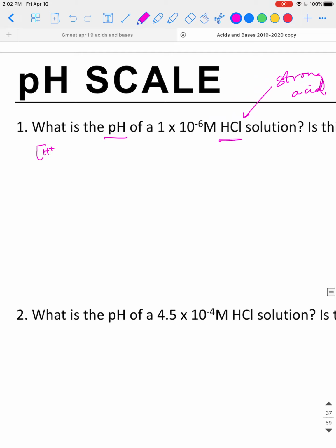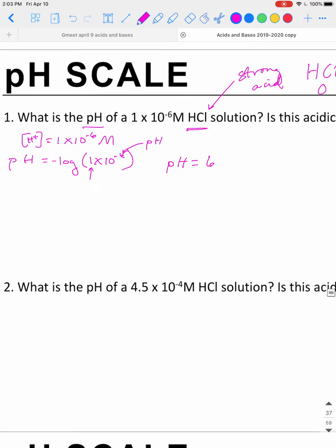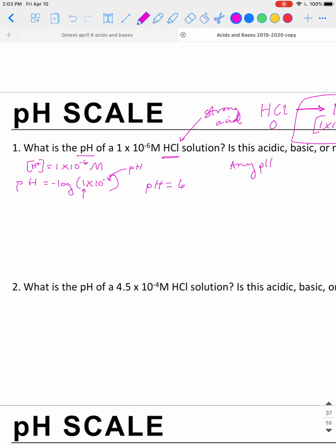So pH equals the negative log of 1 times 10 to the minus 6. And looky here, our base number is 1, which means our pH is just our exponent. So pH is going to be equal to 6. You can double check me, put that in your calculator. But if pH equals 6, remember, any pH that is less than 7 is acidic. So this solution is acidic.